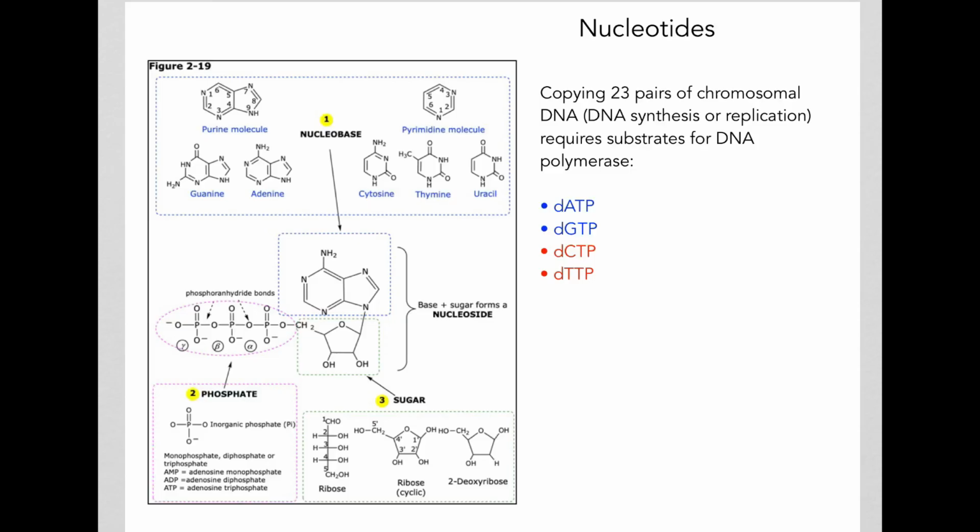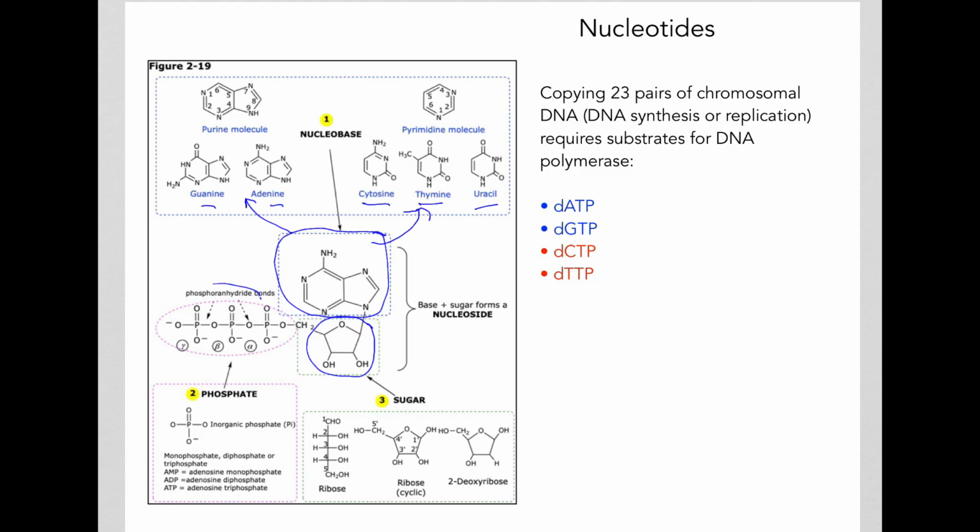Just a quick reminder about the structure of a nucleotide. It consists of the nucleobase, which could be either purine rings, guanine and adenine, or pyrimidine rings. For DNA, that would be thymine and cytosine, and uracil is something you find in RNA. And then we have the sugar. In case of DNA synthesis, this will be a deoxyribose.